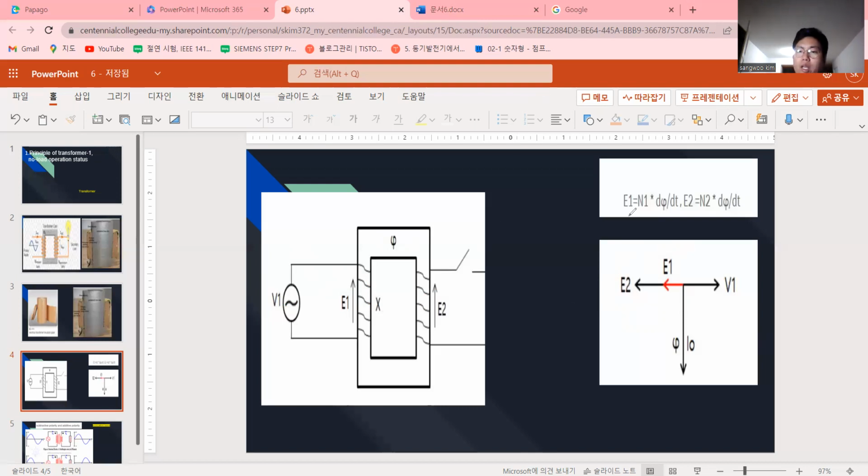And then only E1 and E2 are in the same phase, right? We now know the phase, and we want to know the magnitude, right?